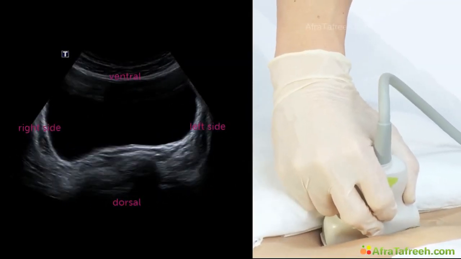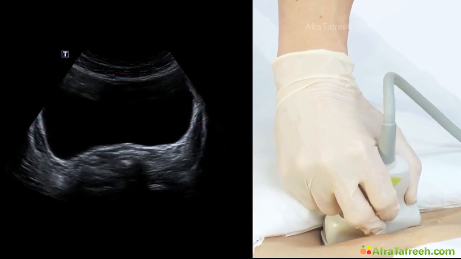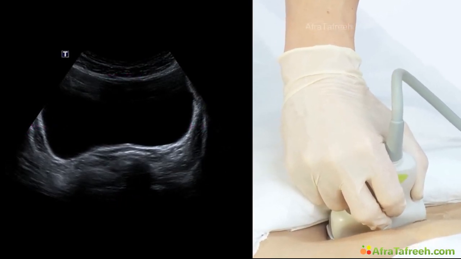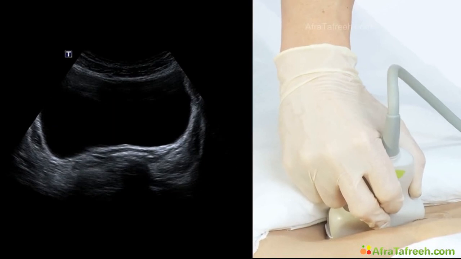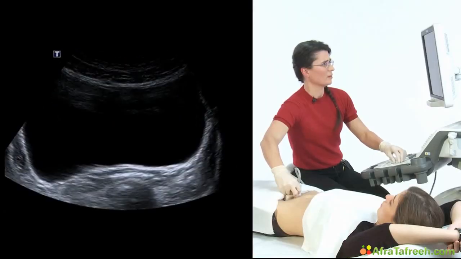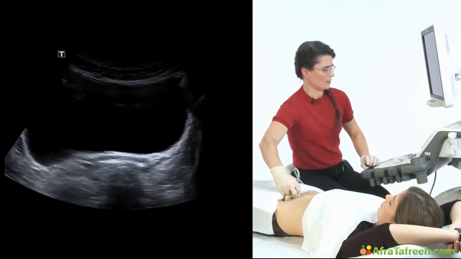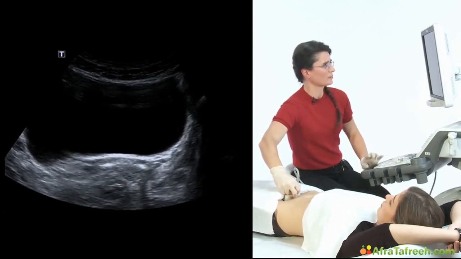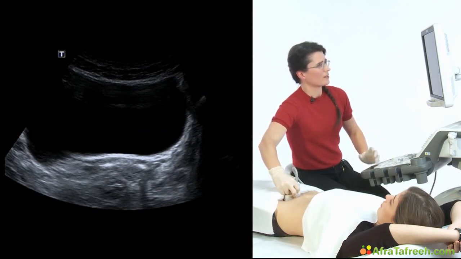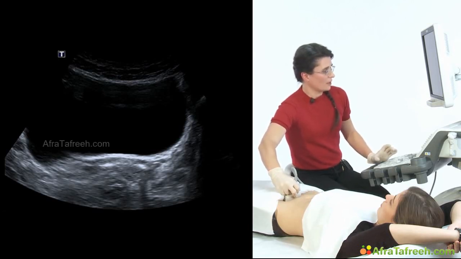So here on the screen, we got a beautiful picture of a full urinary bladder. So I optimize my picture, so I get my structure of interest centered. Press the freeze button. And now you see a urinary bladder in a transverse scan has got quite a rectangular form, and the fluid in it is black, or should be black.